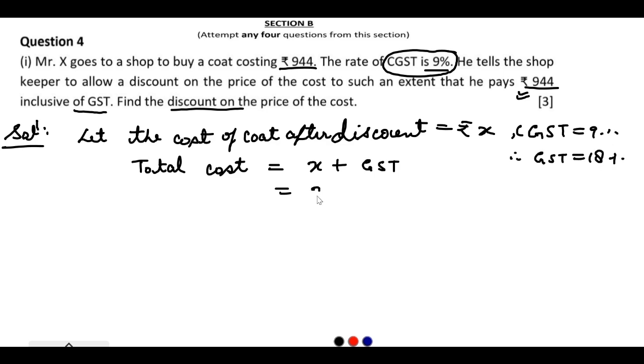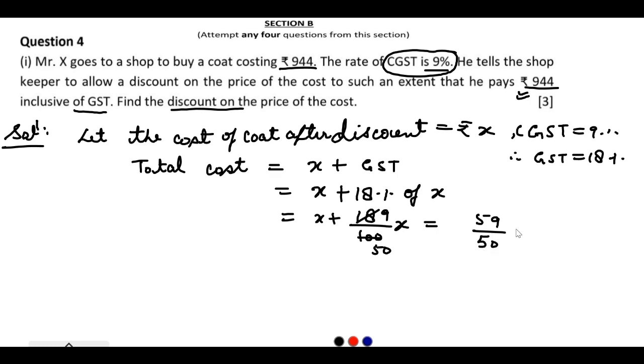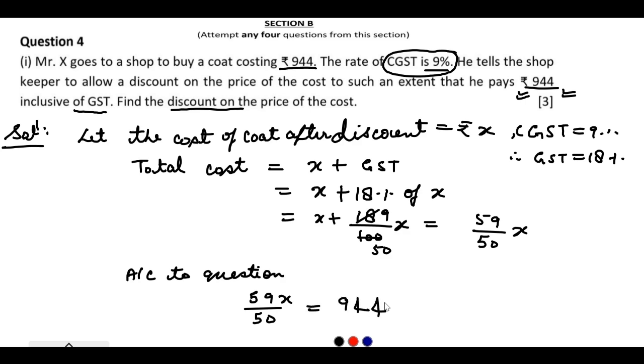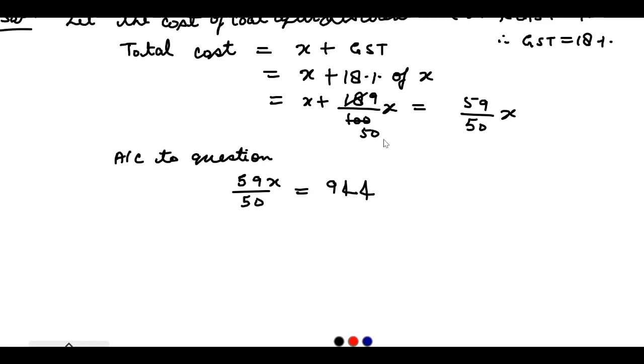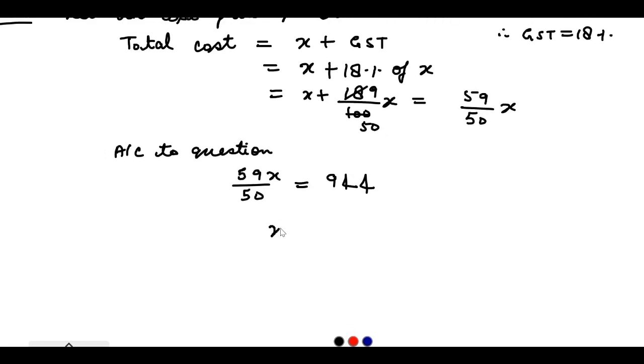Then customer has to pay X plus 18% of X, means 59 upon 50 X. But he wants to pay rupees 944. It means 59 X upon 50 must be equal to 944 according to the customer's condition. Now calculate X.